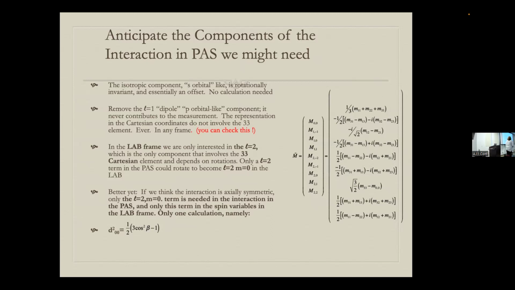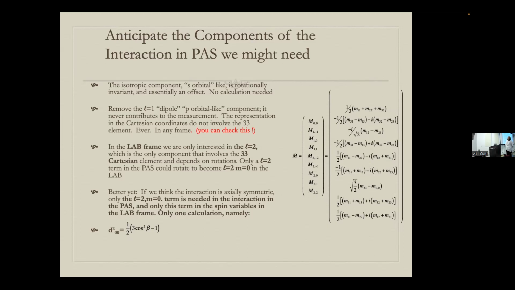Then the rotation through an arbitrary angle beta from the lab frame, or to the lab frame from the principal axis frame. You're only interested in this entry in the principal axis. After you rotate, you're only interested in this element in the lab frame.